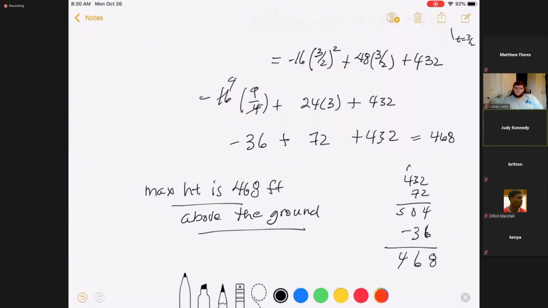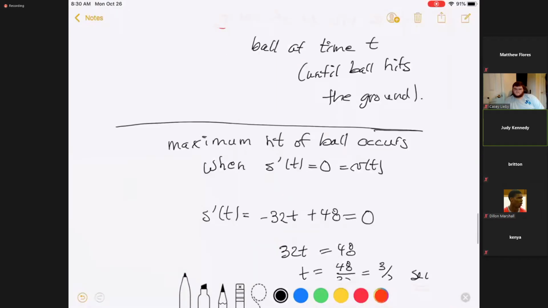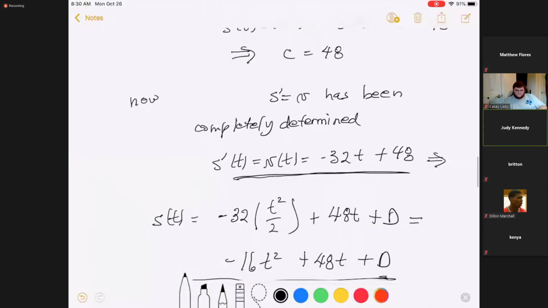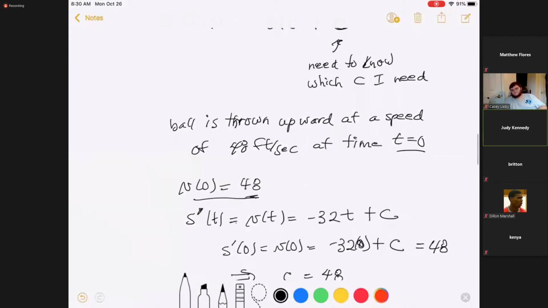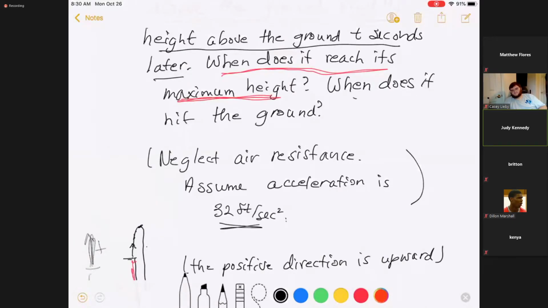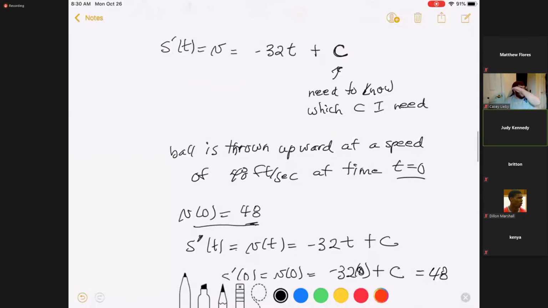Okay. And the last question is, when does the ball hit the ground? Well, that's when the height is equal to 0. Let me answer this question. It's when the height is 0. We know what the height function is.